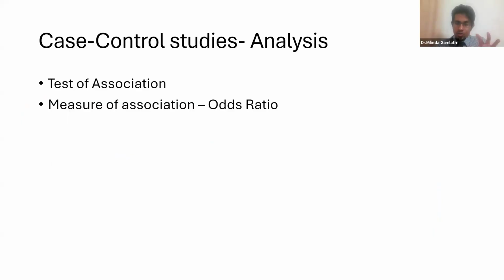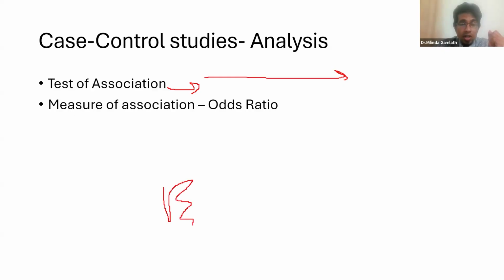And the analysis here is also more or less similar. You have tests of association, which is the hypothesis testing, and measures of association, which you use to establish an association between the exposure and outcome. So you do those for this as well.